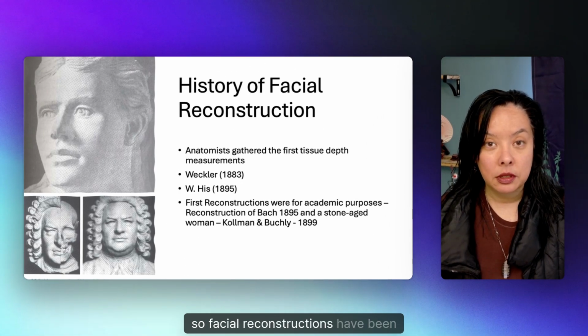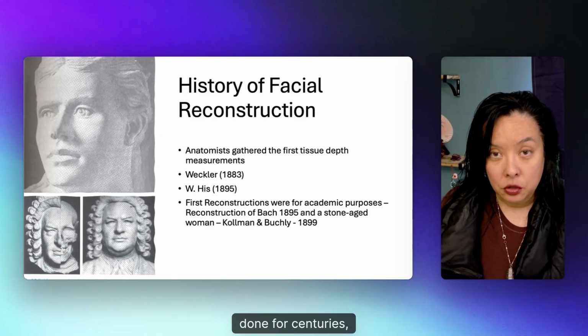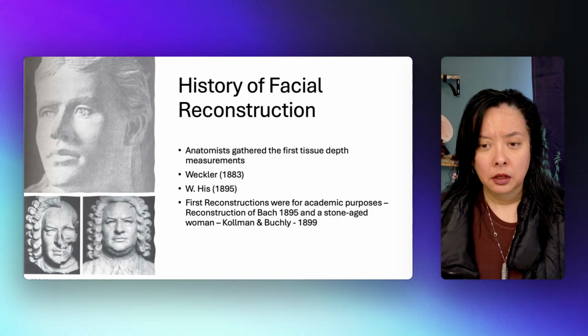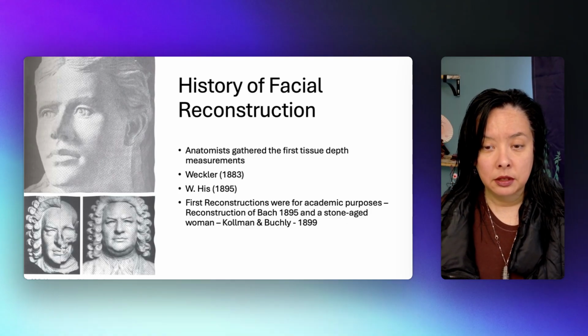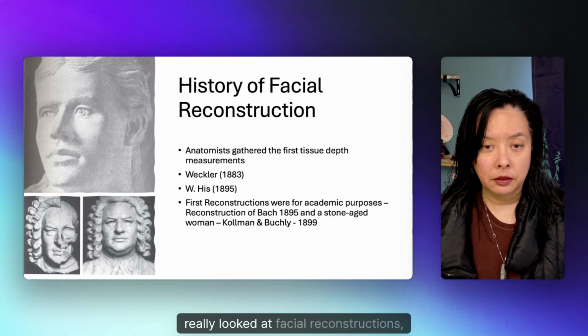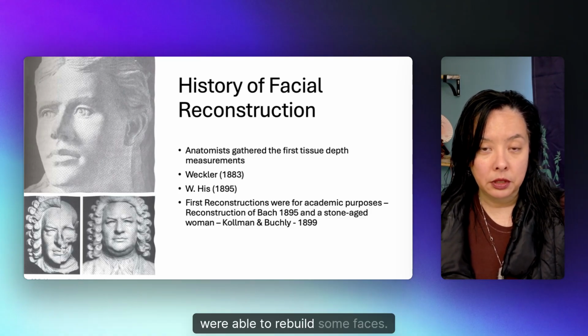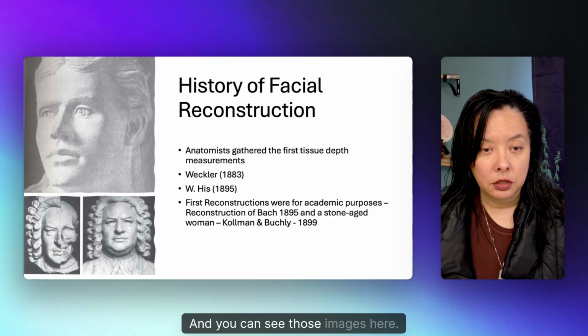So facial reconstructions have been done for centuries, largely for historic cases and out of curiosity. But in the 1800s, anatomists really looked at facial reconstructions more scientifically and were able to rebuild some faces. And you can see those images here.